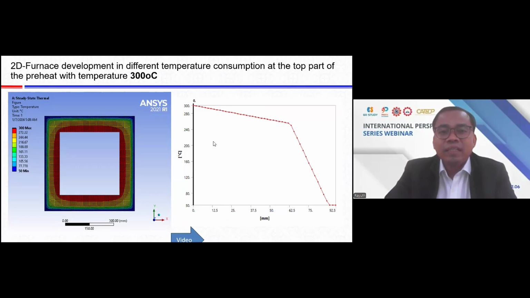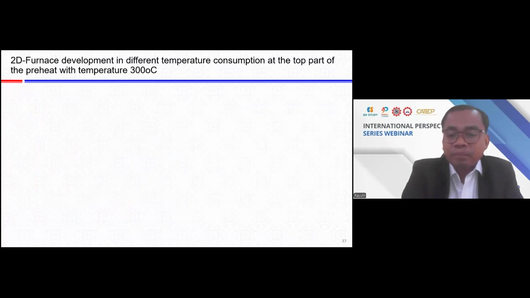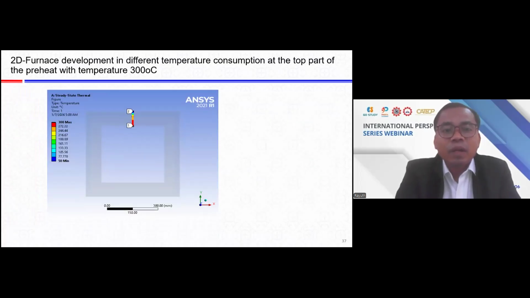You see temperature, once again, transfers from the hot to the low temperature, from inside to the outside. I set this up for checking the temperature profile from number 1 to number 2.